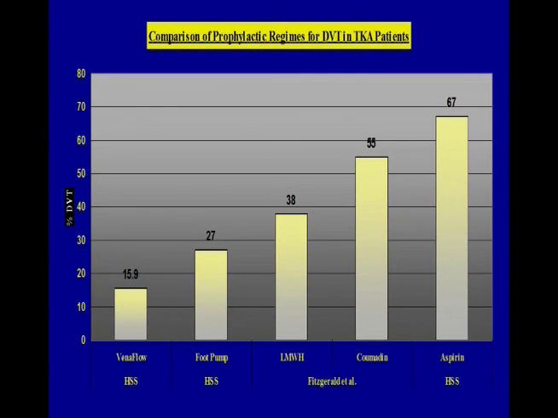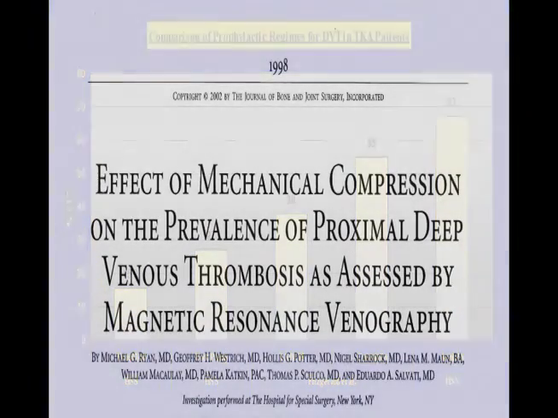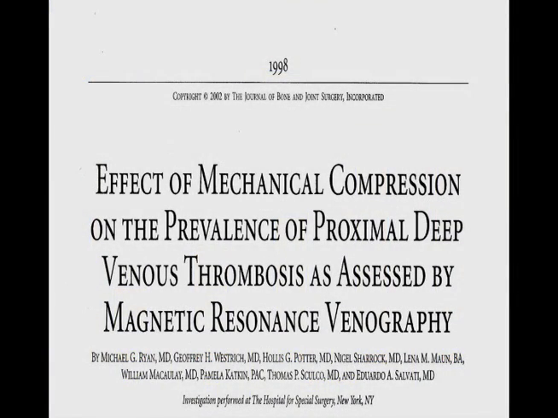I did a similar randomized prospective study looking at VenaFlow in total hip replacement patients, and we used magnetic resonance venography to screen the pelvis for clots. We also were able to screen proximal clots in the leg.